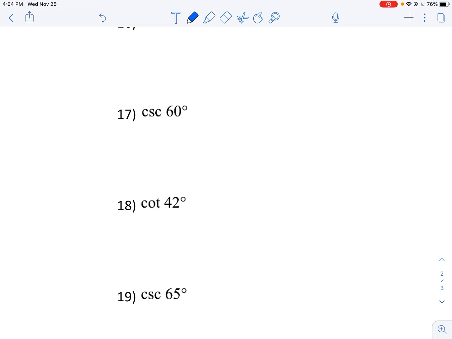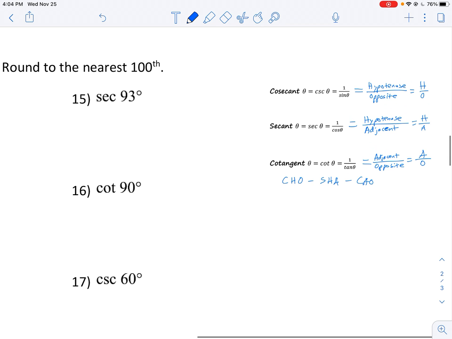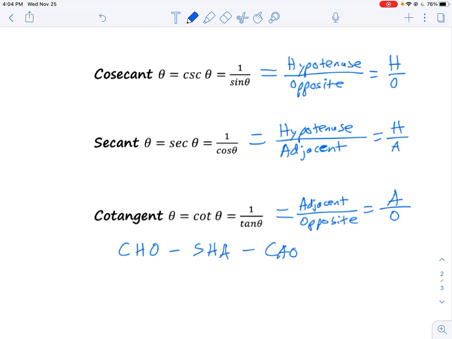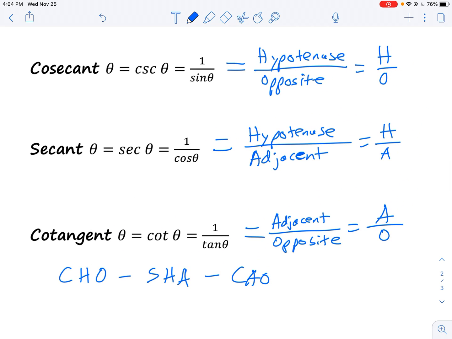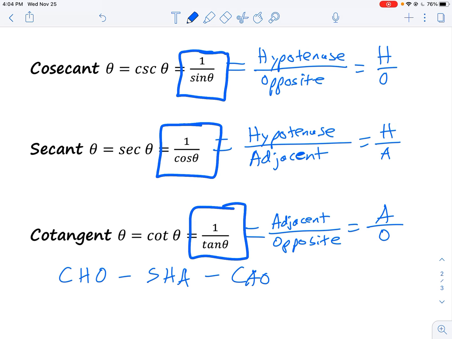Luckily, if you remember our ratios set up yesterday, cosecant is equal to 1 over sine, and secant is equal to 1 over cosine. And so you're actually going to be putting in the calculator sine, cosine, and tangent, but it's going to be in this fraction of 1 over sine or 1 over cosine.